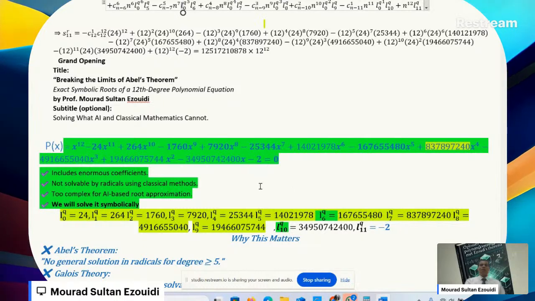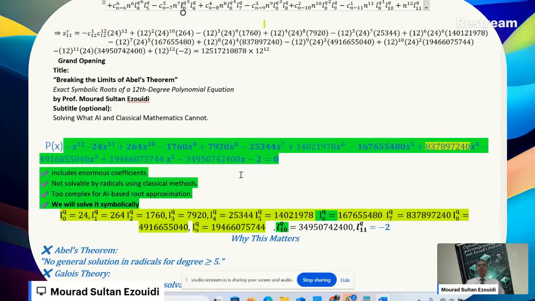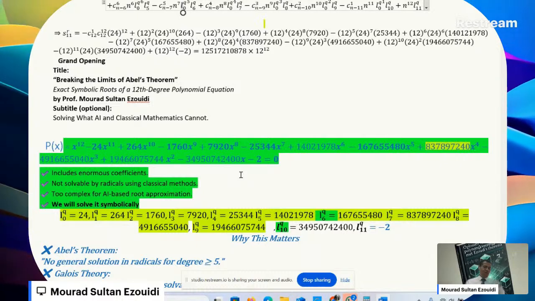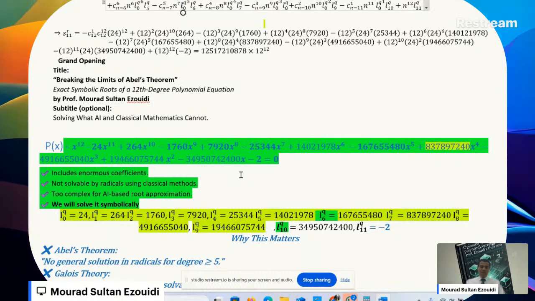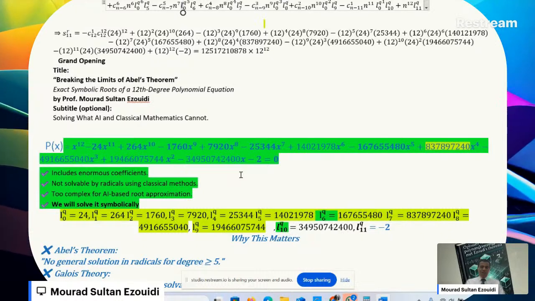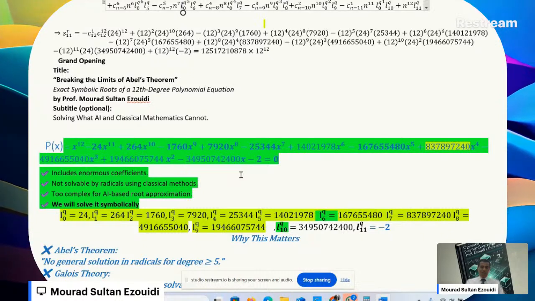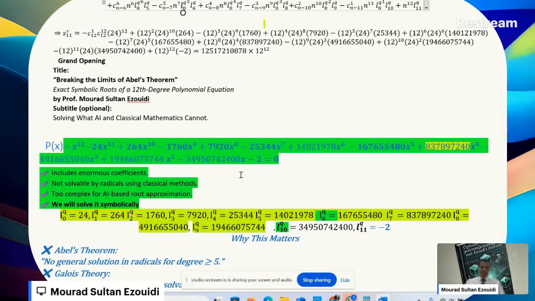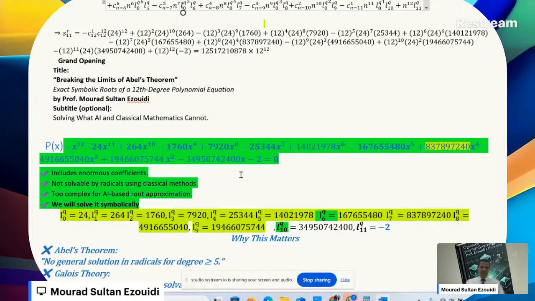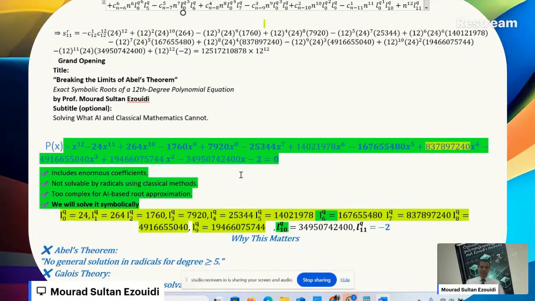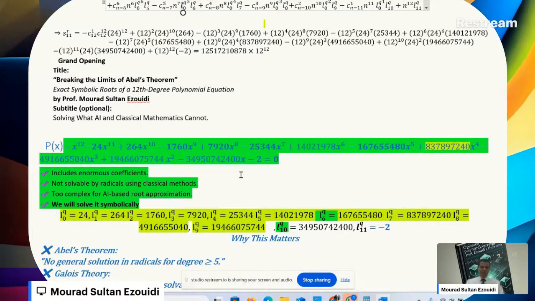So, my professors, the 12-degree equation is in front of you. Try at the same time to apply the Ezouidi theorem and do your best to figure out the exact roots of this polynomial to the power 12.